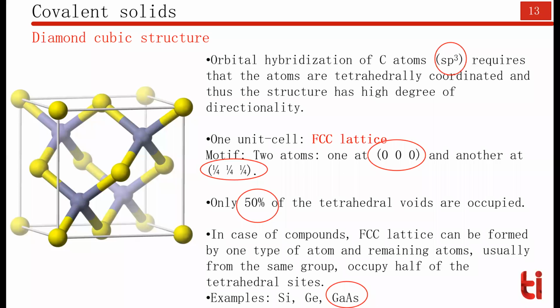Remember, whenever a compound is being formed, the larger atom will always go and sit at the lattice site, while the smaller atom will always go and occupy the tetrahedral site. In the diamond cubic structure, always out of the 8 tetrahedral sites, only 4 will be occupied.